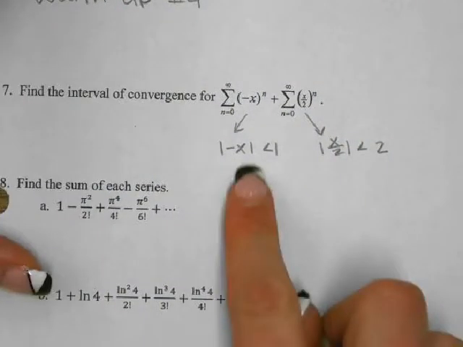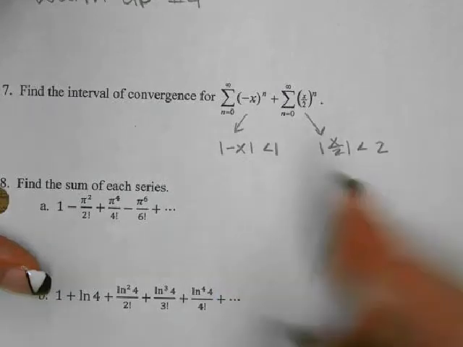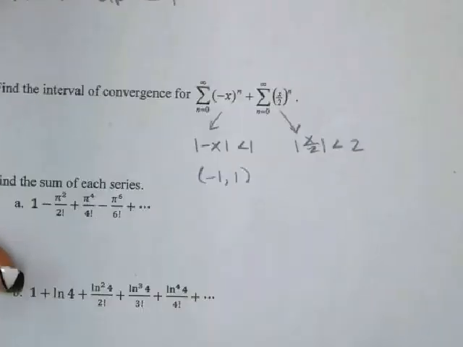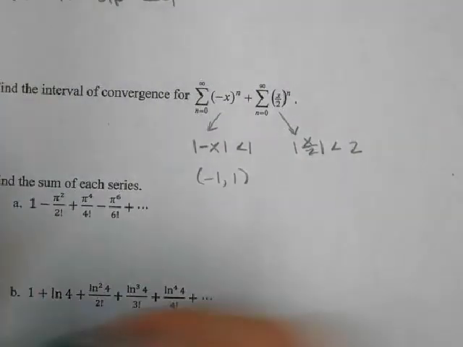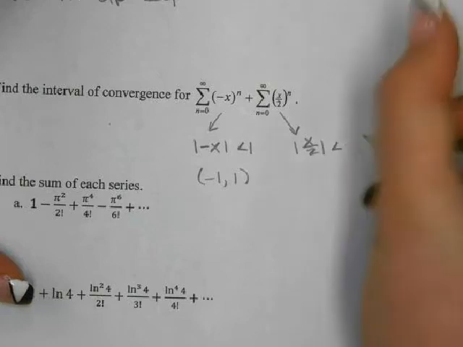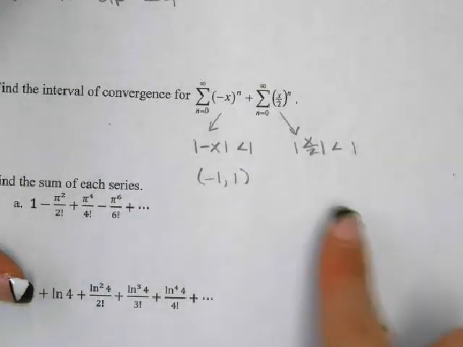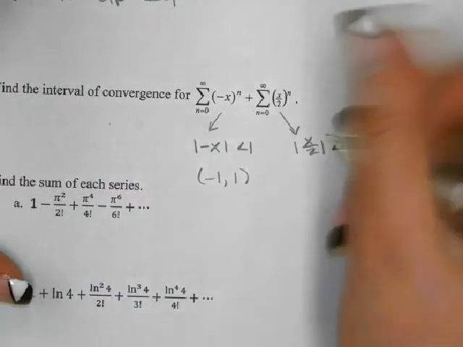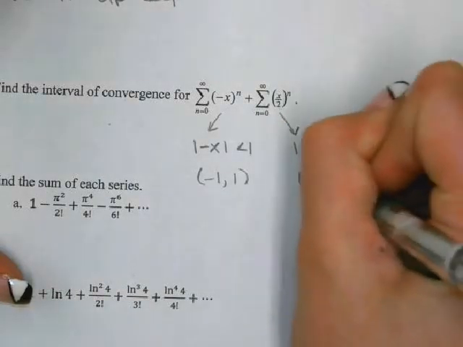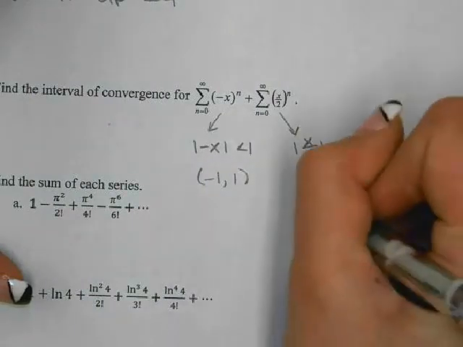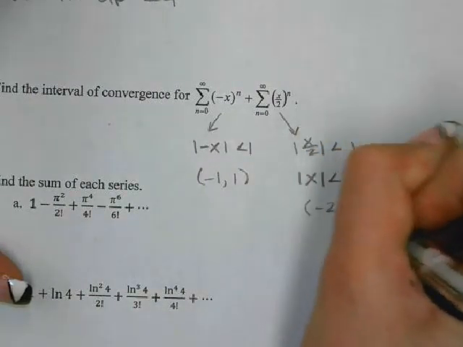So if we were looking at this one over here, I would say, oh, this interval of convergence is from negative 1 to 1. And then over here, not less than 2, sorry, less than 1, I was getting ahead of myself. To get the x alone, we're going to multiply the 2 over to the other side. And so we're going to say absolute value of x is less than 2, which makes the interval of convergence for that portion from negative 2 to 2.